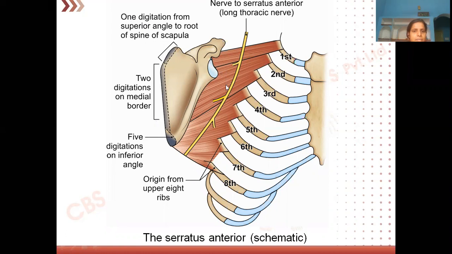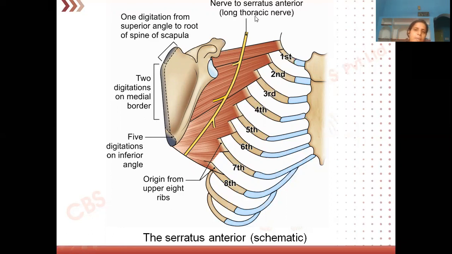Then you will see 2 digitations coming from the root of the spine to the medial border. In the lower part, at the inferior angle, you will see 5 digitations coming. Overall, it will have 8 digitations: 5 plus 2 plus 1. So 8 digitations are getting inserted in this way, serratus anterior.